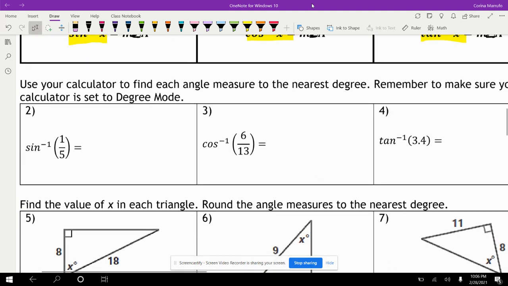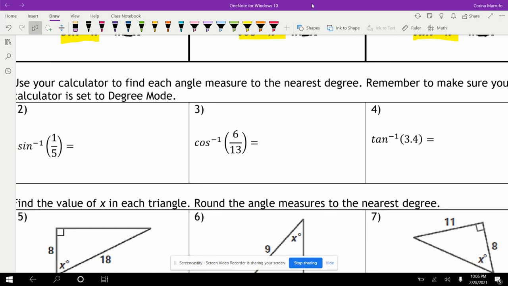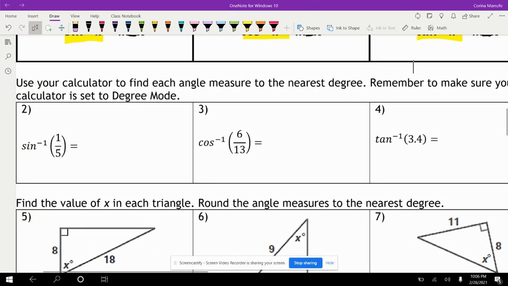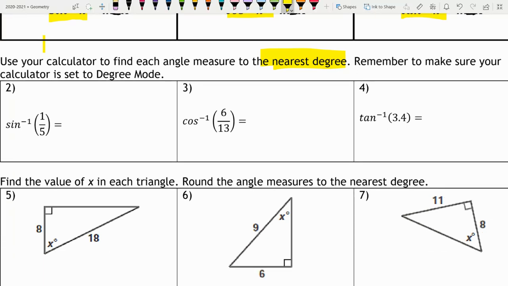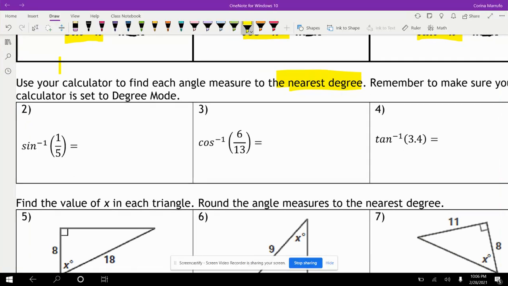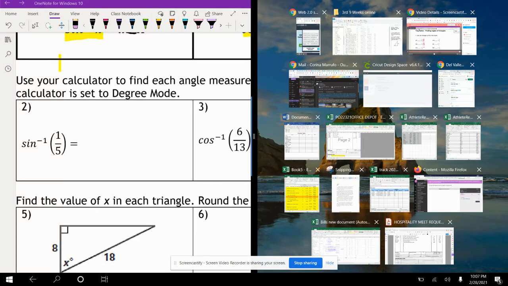So here it says, use your calculator to find each angle measured to the nearest degree. Remember to make sure your calculator is set to degree mode. So we are rounding to the nearest degree here. So I am going to take out my calculator.